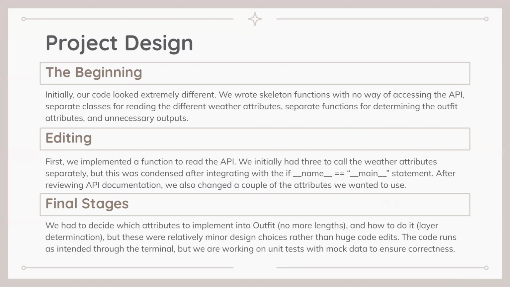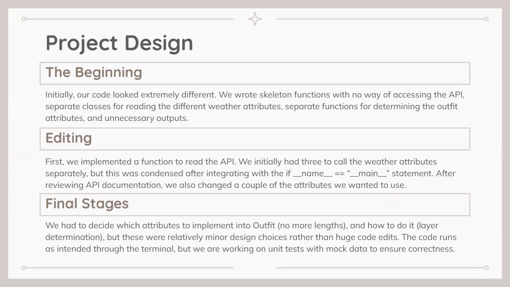We originally wanted to try the length of the pants and the length of the sleeves that we wanted to suggest, but then we realized that everyone would have different modesty or comfortability requirements, and so we didn't want to impose any kind of our own bias onto that. And so we got rid of the length attribute.